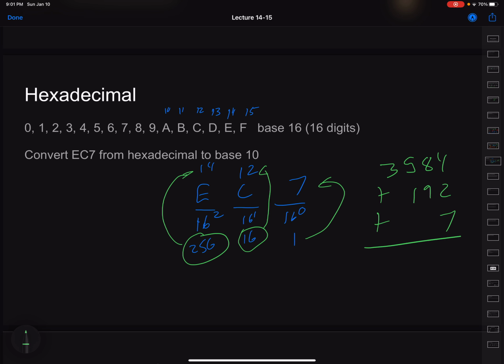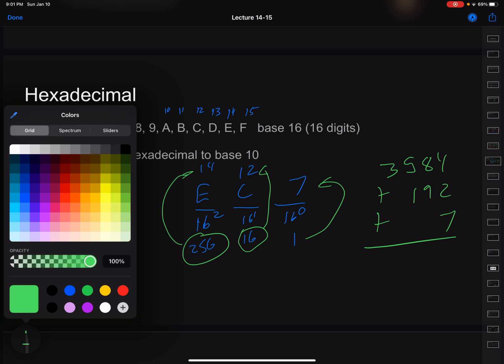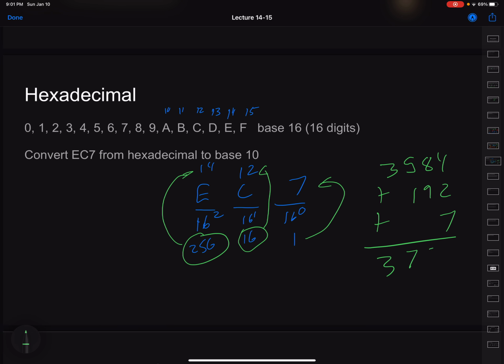Then we're going to add 7 to that. And we see that we end up with a pretty big number. 3584, 192, 7, 3,783.